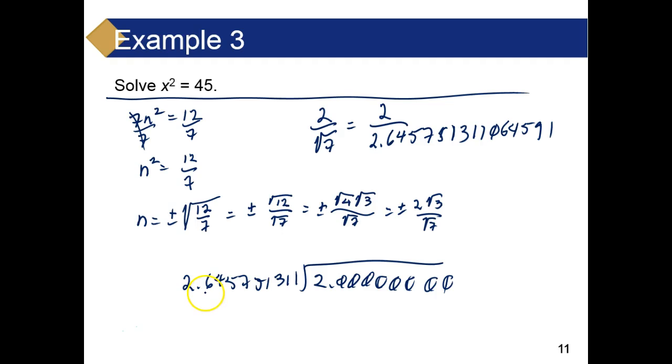Remember how we did this by hand? You have to move it 1, 2, 3, 4, 5, 6, 7, 8, 9 places. And then you start your division. And you've got some work to do. Right? I'm not going to go there.